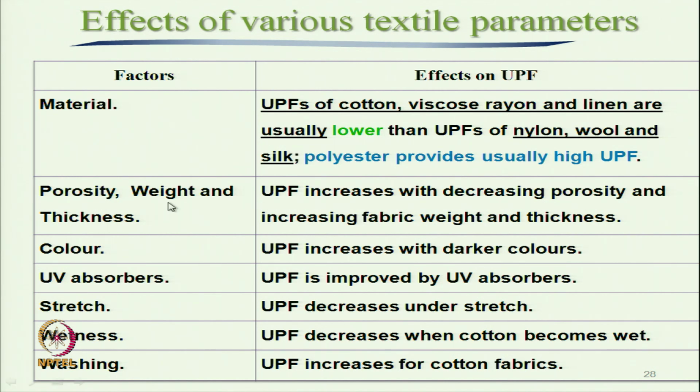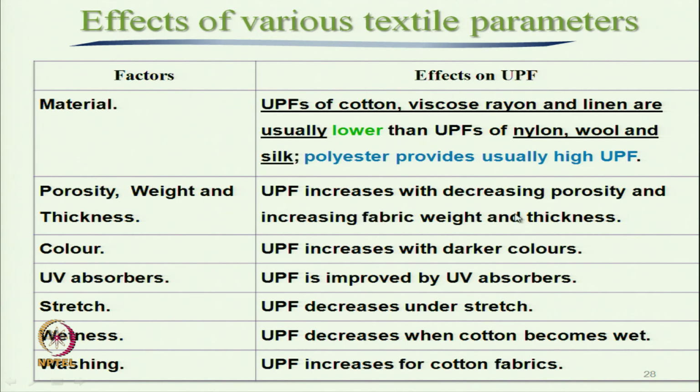Porosity, areal density and thickness are also important. We can change the porosity of yarn and fabrics. With the increase in porosity, the UPF decreases. If we increase the porosity, that means the fabric becomes porous, so the ultraviolet ray will pass through.